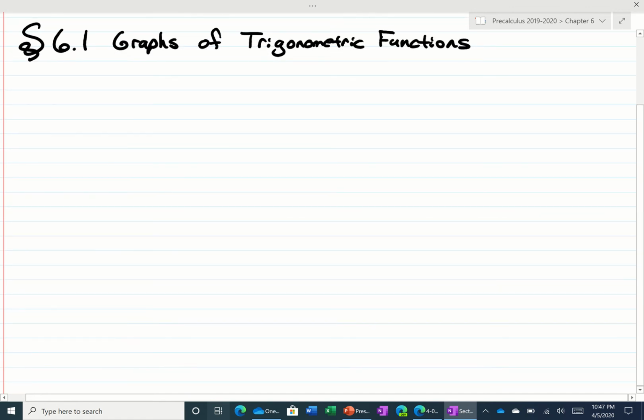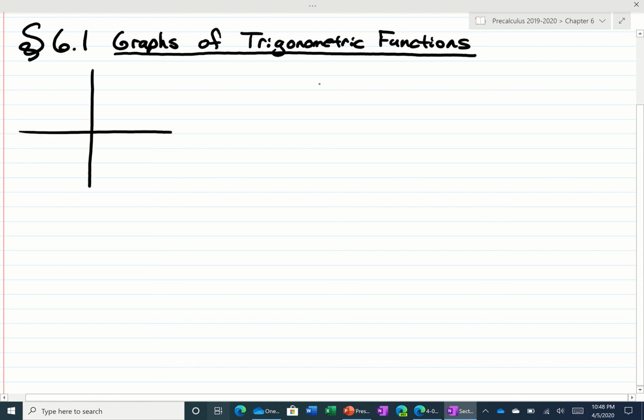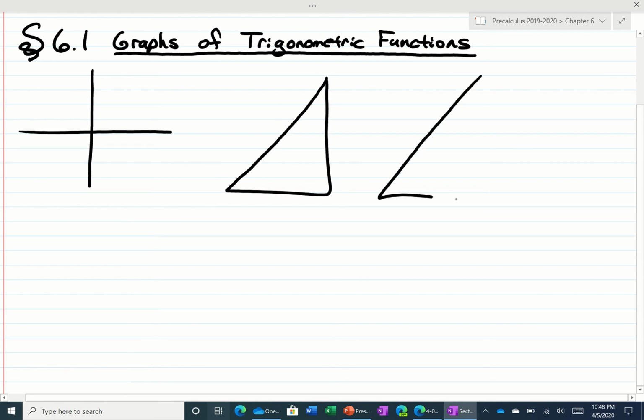Now, in order to figure these out, we talked about using our special triangles and quadrantal angles. You could just use a calculator. That might be fastest, but I just think it's a good idea to draw these again, just so we could reference them if we need to.